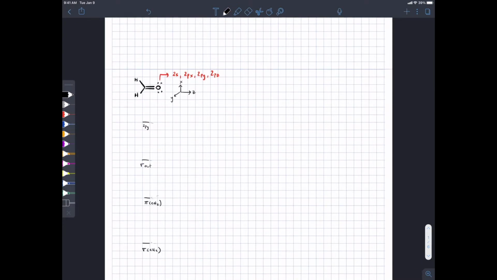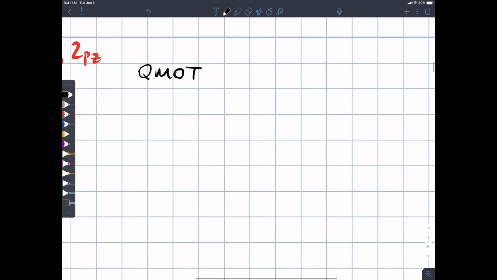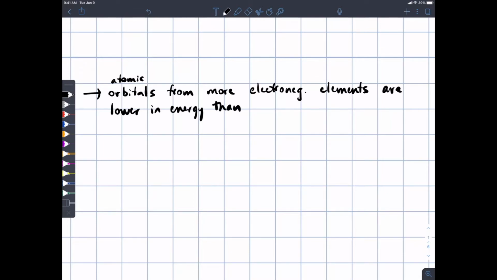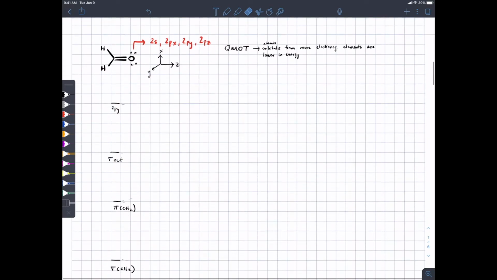So remember one of the principles from QMOT, which is that atomic orbitals from more electronegative elements are lower in energy than are atomic orbitals from less electronegative elements.